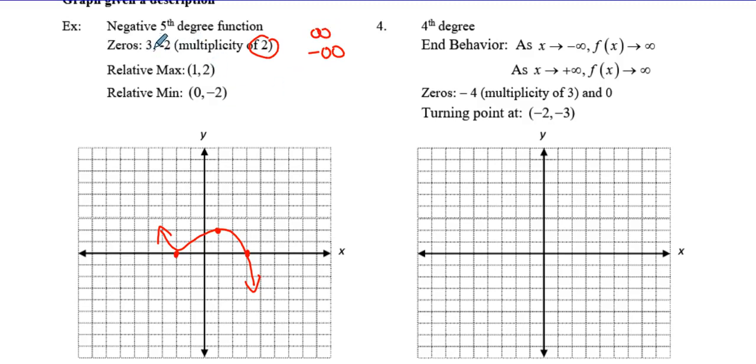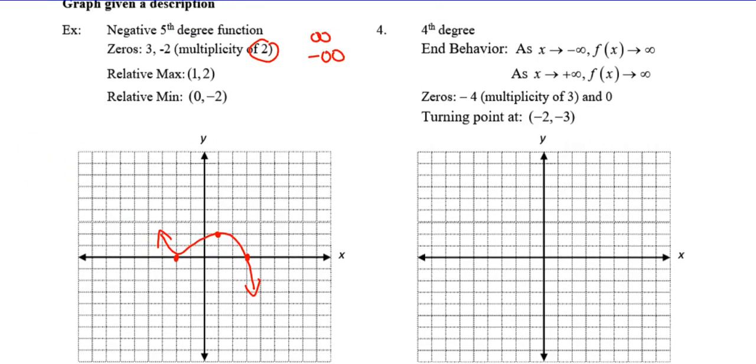I have a 0 of 3, a 0 of -2. So that accounts for 3 of my solutions from the 5th degree, which means at some point there are 2 imaginary, but with the graph I have no way of telling where those imaginary solutions are, so don't even worry about that on your graph.